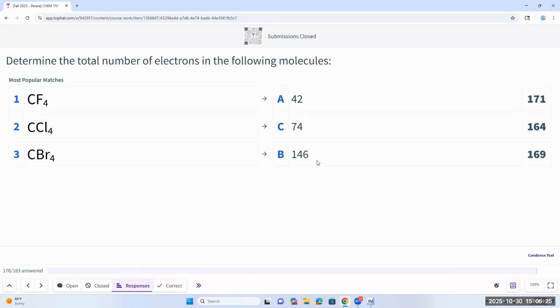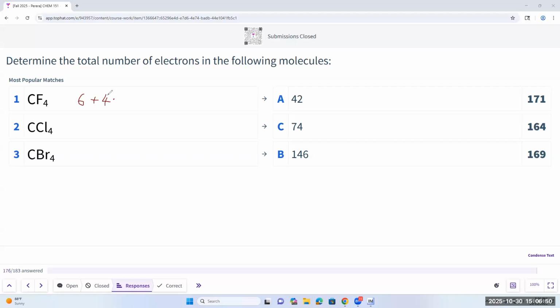However, it is important that you know how we get the number 42 for CF4 and 74 for CCl4 and so forth. I'm going to show you just once so that you know where these numbers are coming from. Carbon atomic number is 6, which means it has in total, not just the valence, 6 electrons. Plus, we have 4 fluorine atoms.